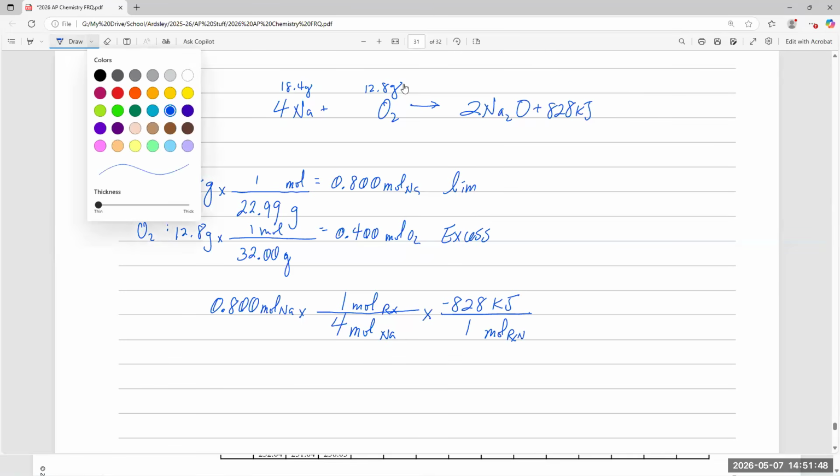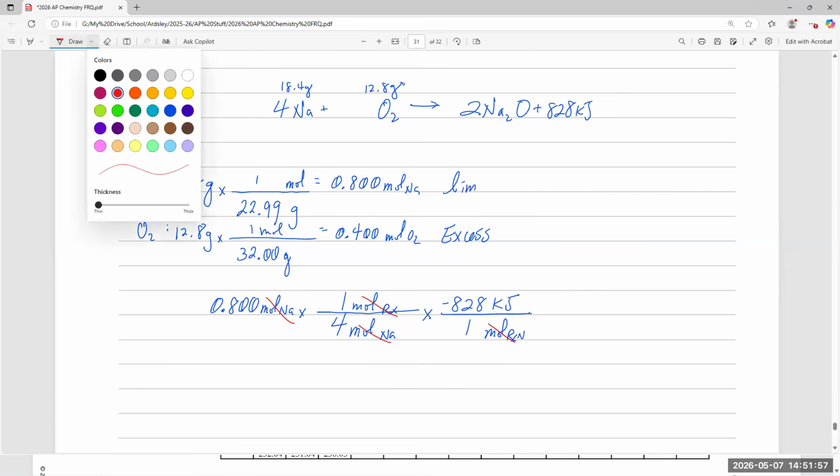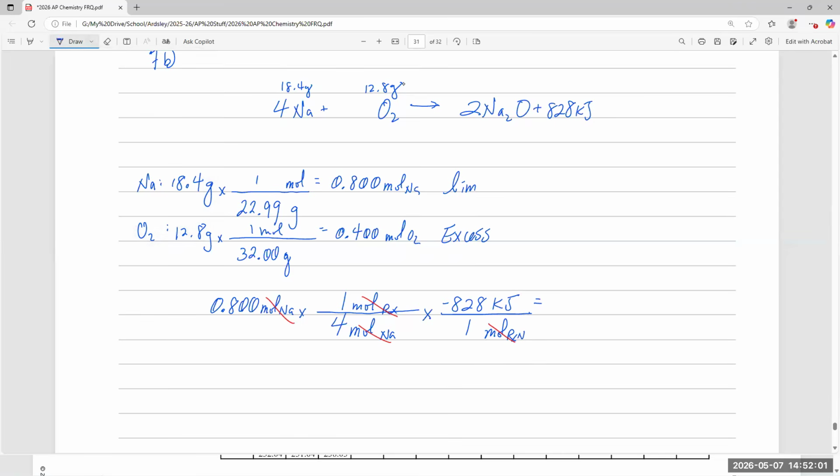So, hey, we've got color. Let's use it. So this cancels that, this cancels that, leaves us with kilojoules, and that should be our correct answer. So let's do it. If you punch it into the calculator, 0.8 divided by 4 times negative 828, I get negative 166 kilojoules.